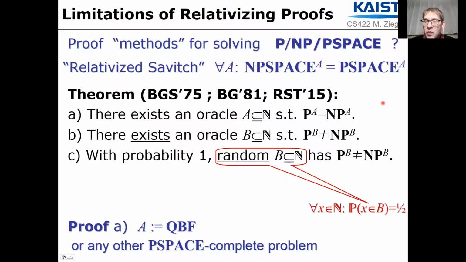What do I mean by a random oracle? I mean the following random process. For every natural number, flip a fair coin, probability 1/2, independently. If the coin flip says heads, then put that natural number into the set B, and if the coin flip reveals tails, then remove that natural number from B. So for every natural number, whether it belongs to B or not is decided independently at random.